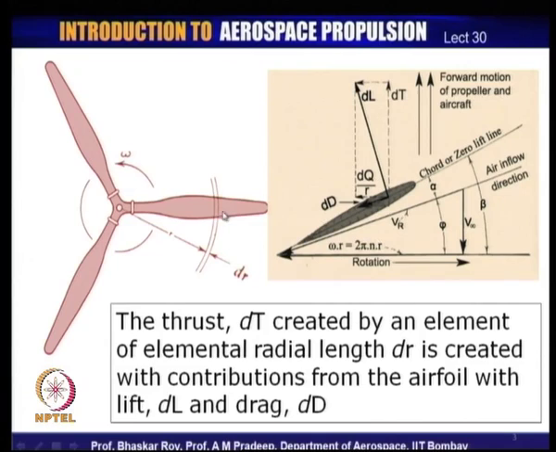So, it is somewhere between 50 to 75% that you have what can be called a representative blade section. This representative blade section is the first section that is typically designed by the designer, and the designer creates its own characteristics, which is the average characteristics of that particular propeller.